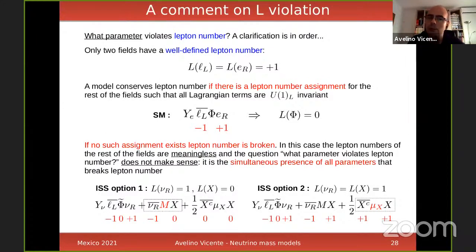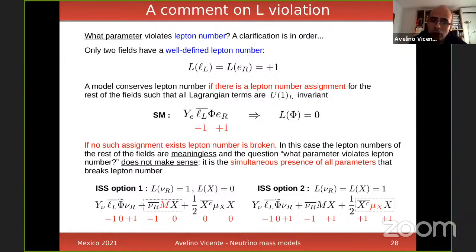There are only two fields which have a very well defined lepton number: the lepton doublet and the right-handed charged leptons. They have lepton number +1 because they are leptons. That's it. For any other field in your theory, we don't know a priori what is the lepton number, because lepton number is not a symmetry that we have found in nature attached, for example, to a force, to an interaction. So you cannot define a lepton number for particles which are not leptons, in principle.